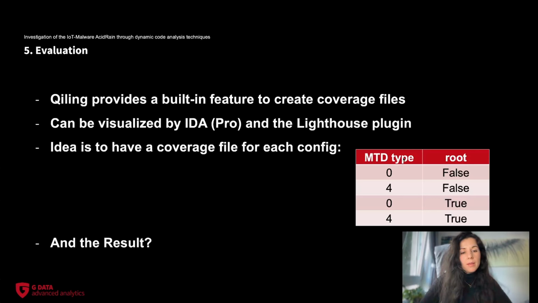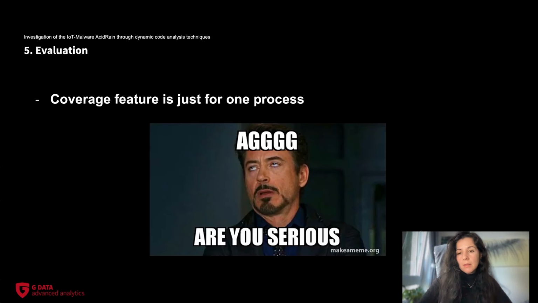So this was important, with 0 of 4. It's just the type; 4 was the flash. And AcidRain was looking for root permissions: does AcidRain have root or not? And this affects the behavior.